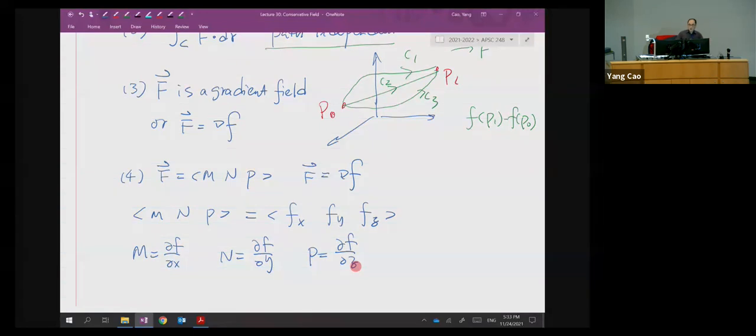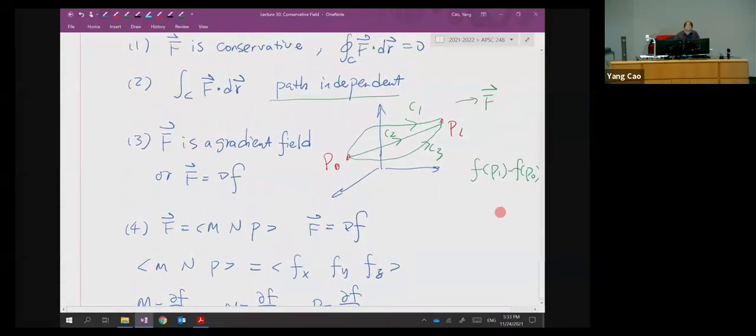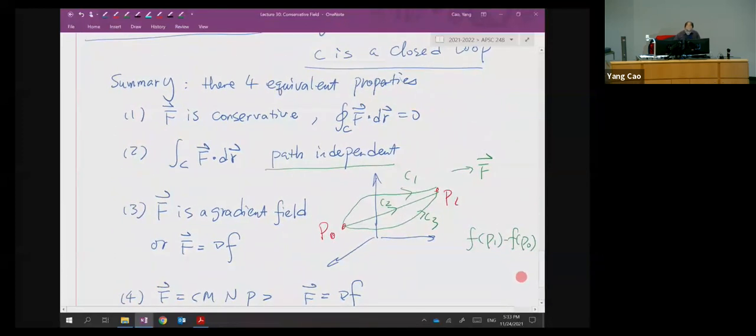Whichever one you can demonstrate is true, then the other 3 will naturally be validated. That's what we call equivalent, right? And it's all based on the common knowledge that F is actually conservative.